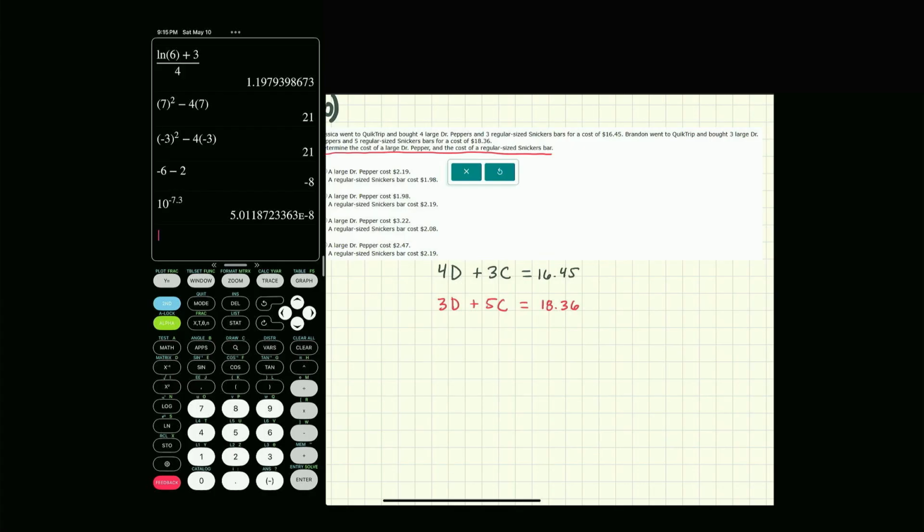Then we're going to convert those to an augmented matrix. So I've got 4, 3, 3, 5, 1645, and 1836.